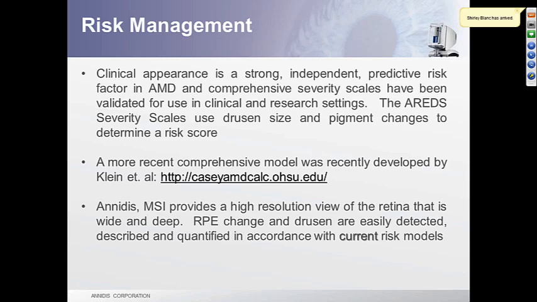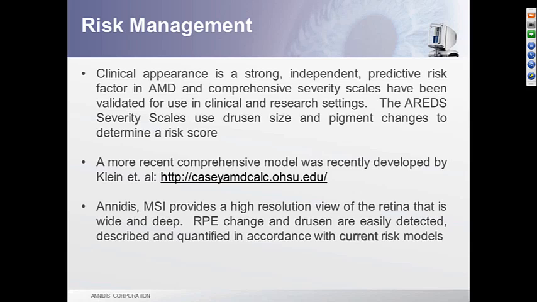And there are some comprehensive severity scales that have been used in clinical and research settings. The AREDS severity scales use drusen size and pigment change. And I'm going to talk about those in some detail for the benefit of clinical management towards the end of the webinar. There's definitely a more comprehensive model that was recently developed.